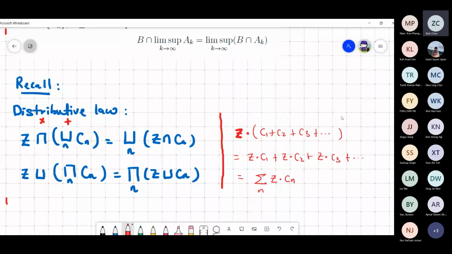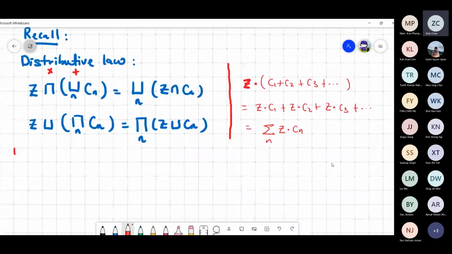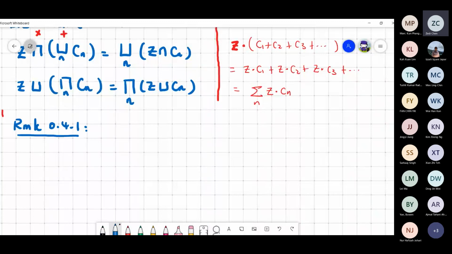Next, we just need to recall the definition for lim sup of events. This is Remark 0.4.1 in chapter 0.